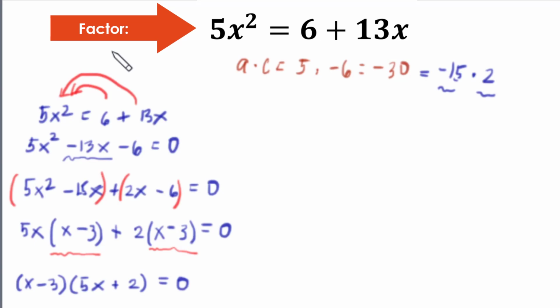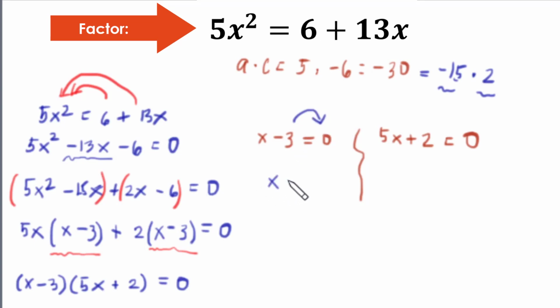Then we can now apply the zero factor property. x minus 3 equal to 0 and 5x plus 2 equals to 0. Then let's solve for the value of x. So we just transpose negative 3 on the other side. It will become x equals 3.